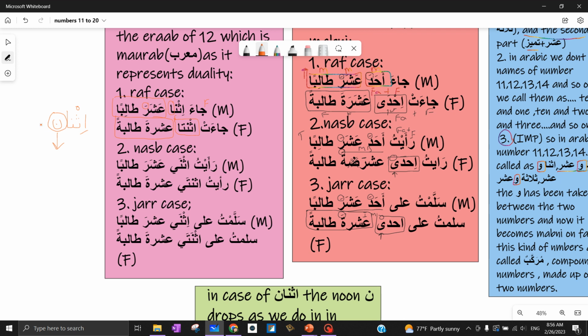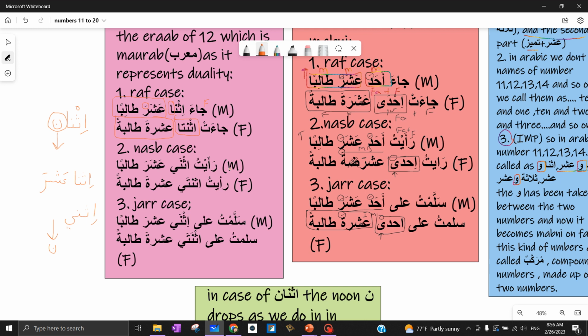The noon is dropped in between, and the number is now ithna ashara. So the noon has been dropped. In the same case, ithnaini, the noon has been removed. Only the ya remains. Ithnaini. So that's why the noon is not there.